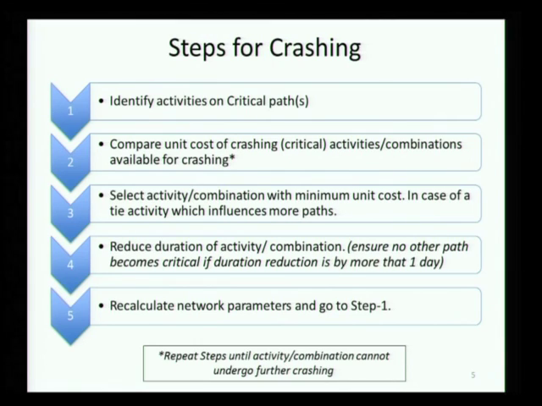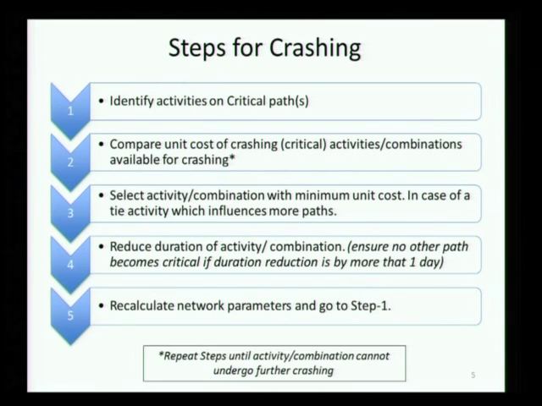First, identify activities on the critical path, and then compare the unit cost of crashing for the different combinations of activities on the critical path, and then select the combination with minimum cost. In case of ties, select the one which influences the path more, and then reduce the duration. Then you have to redo the network analysis and go back to step 1.